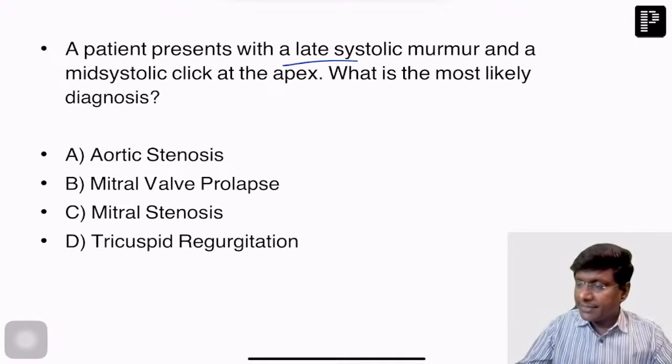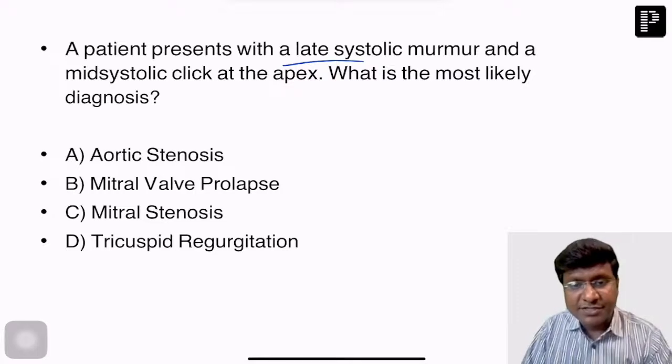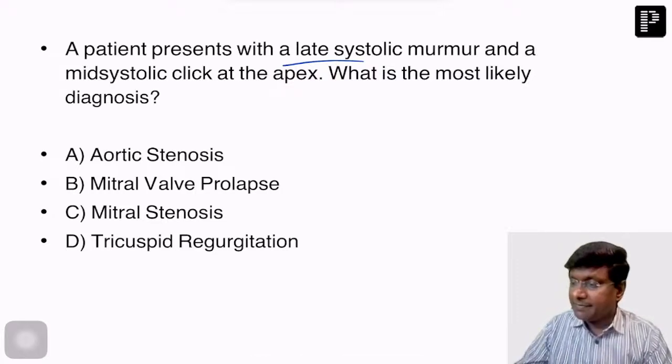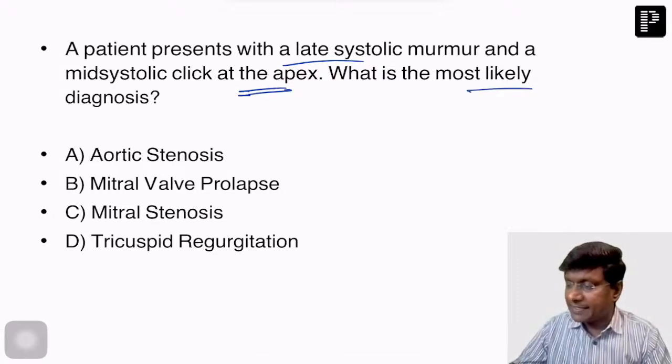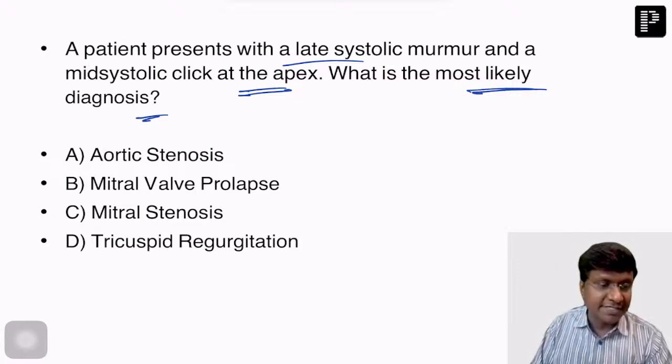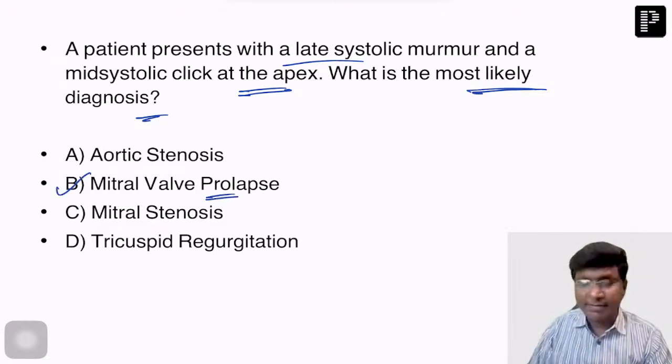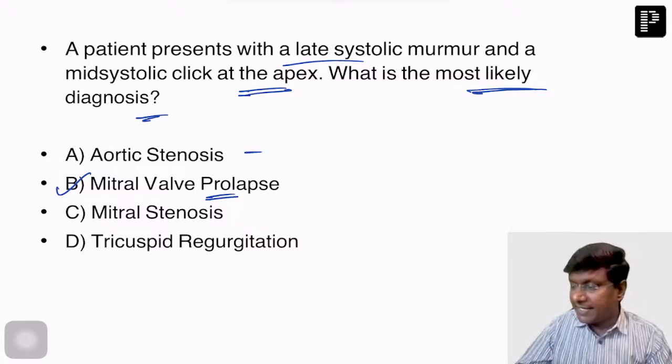Okay. Next question. A patient presents with a late systolic murmur and mid systolic click at the apex. What is the most likely diagnosis? Just now I was discussing it. Mid systolic click with late systolic murmur is observed in mitral valve prolapse syndrome. Whereas in AS, what did we discuss?